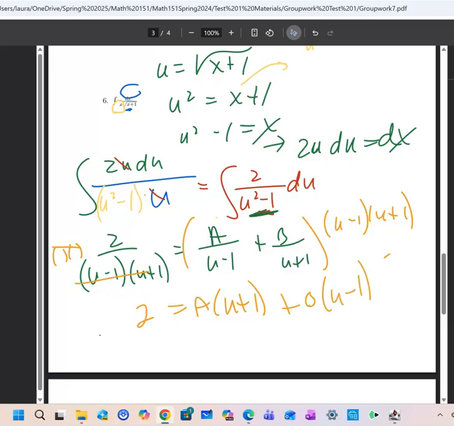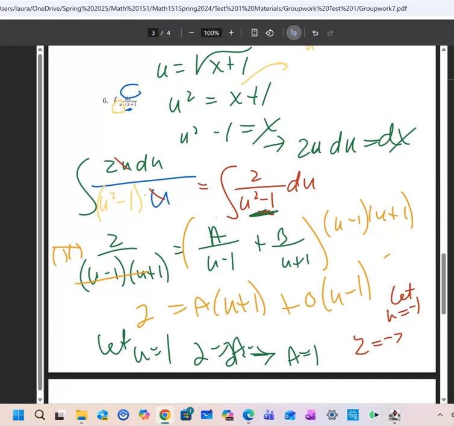We have two good numbers to plug in. I can let u equal 1, and that gives me 2 equals 2A. Sorry, A is 1. And if I let u equal -1, I get 2 equals -2B. B is -1.